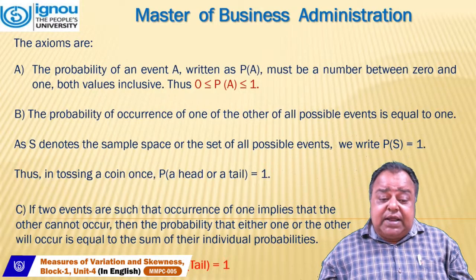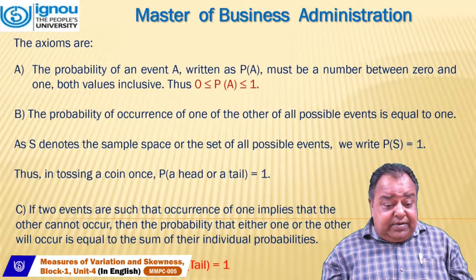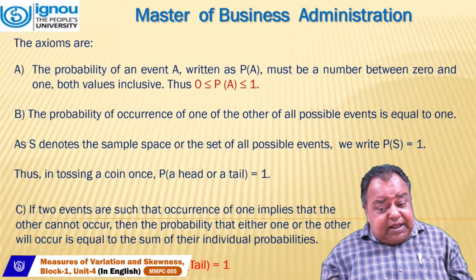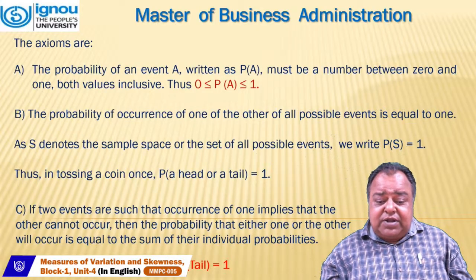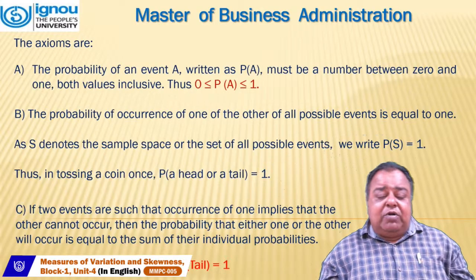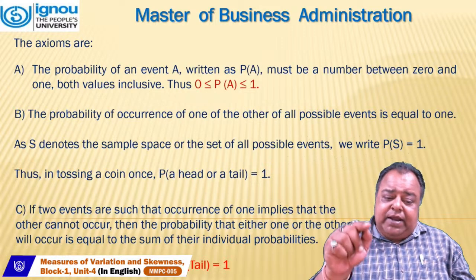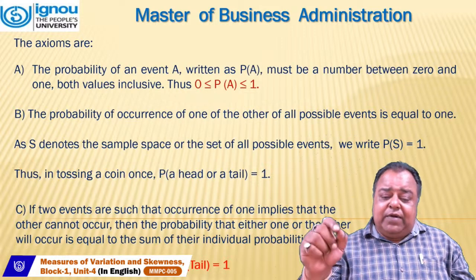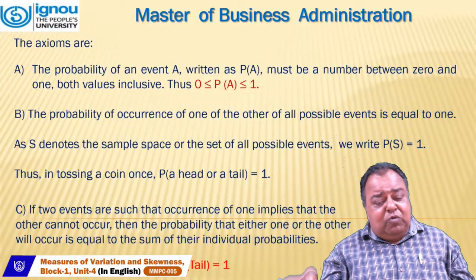If two events are such that occurrence of one implies that the other cannot occur, then the probability that either one or the other will occur is equal to the sum of the individual probabilities. That means probability of head plus probability of tail, when you add up, will be 1. You know that the probability of getting head is 1 by 2, the probability of getting tail is again 1 by 2, and when we add, we get 1.